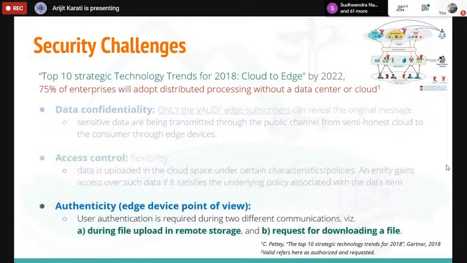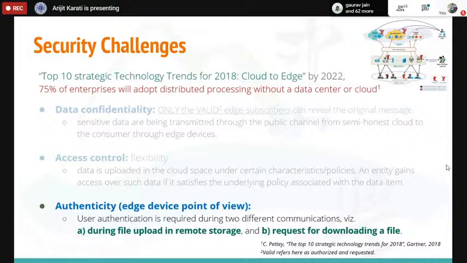The next one is authenticity. We know that is the user's ID and password, whether the user is valid or not. But here the authenticity is a little different, because it has two phases. One scenario is when the data uploader or data producer is producing the data, and the second scenario is when the user is downloading the data.